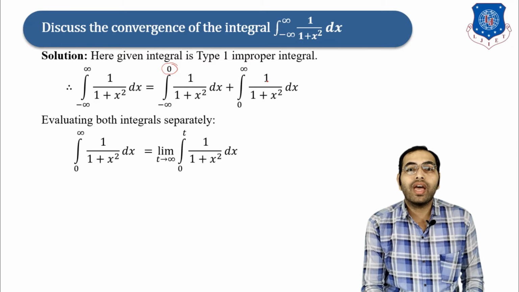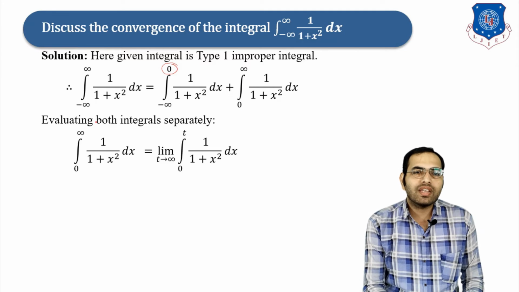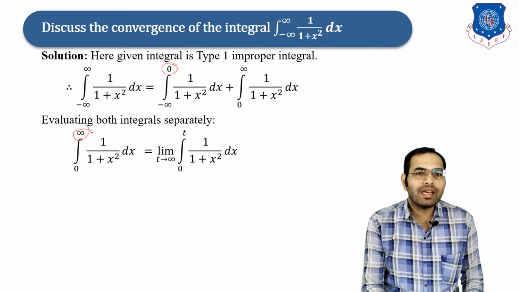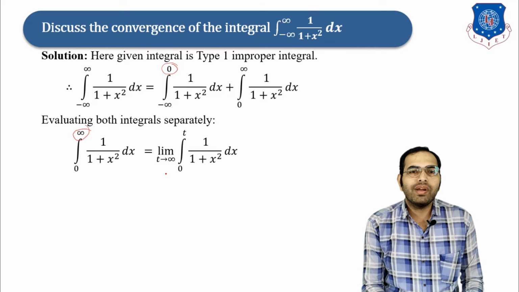The integral is convergent if both converge and both have finite values. Let's see the second integral, 0 to infinity of 1 upon 1 plus x square dx. Here the upper limit is infinite, so limit t tends to infinity, 0 to t of 1 upon 1 plus x square dx.